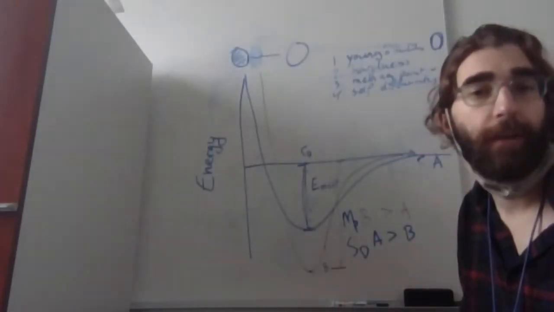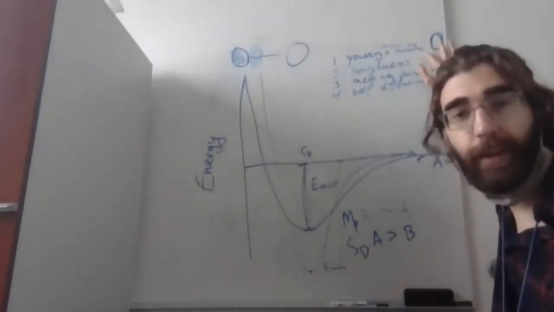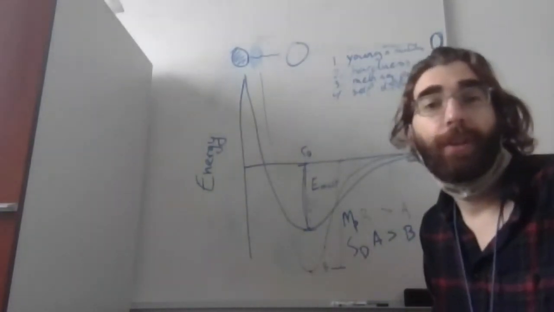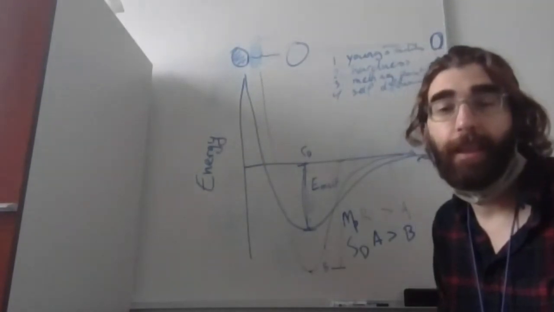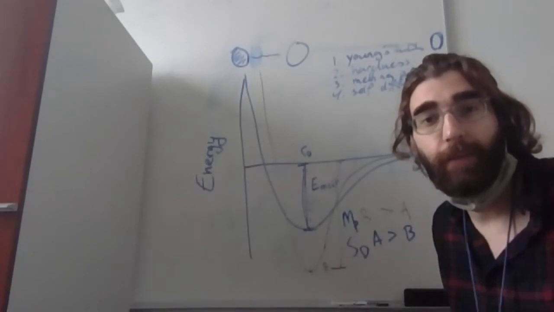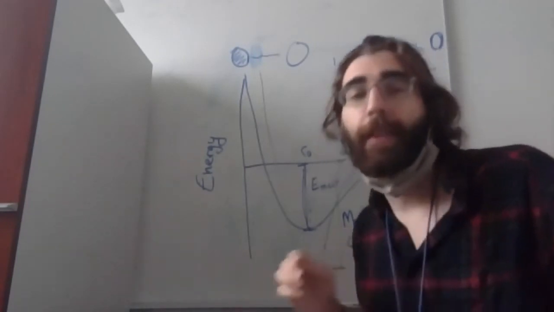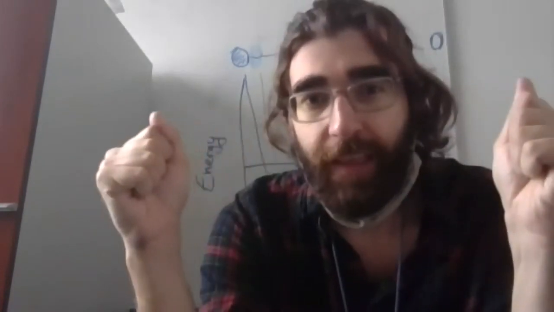And another intrinsic property we have is Young's modulus, right? So Young's modulus is the stress-strain response of a bond in the elastic region. And so what I mean by that is that you have two atoms bonded in space. If you stretch them a little bit, right, they will stretch and then they will relax when you stop stretching them, right?